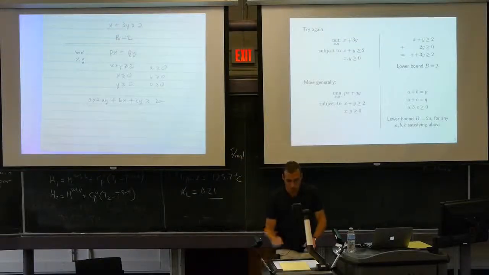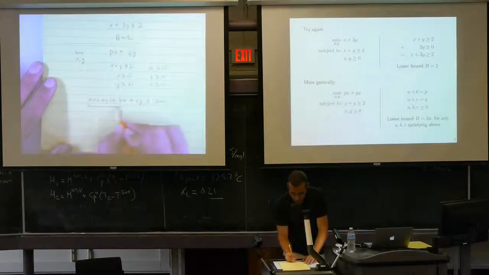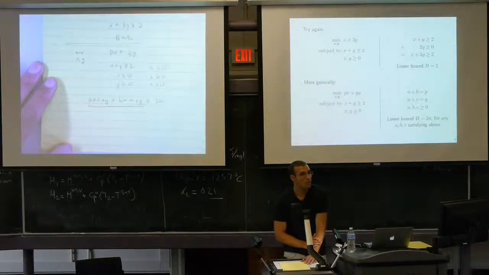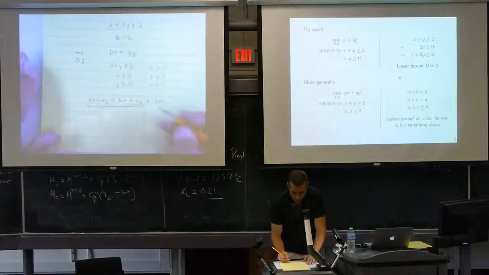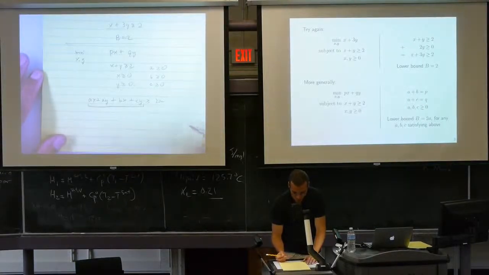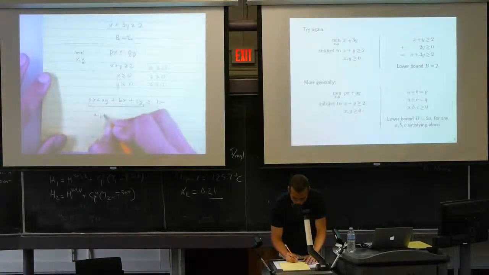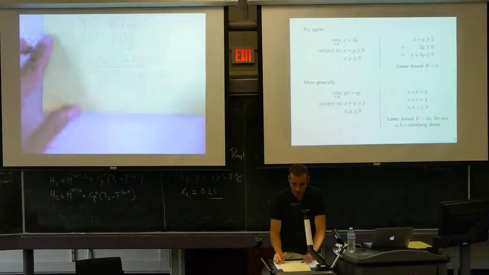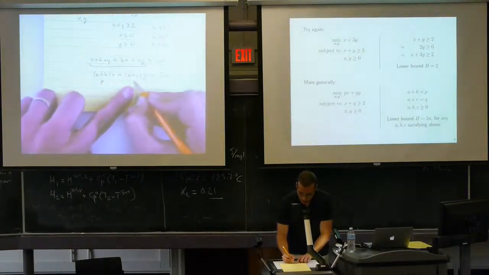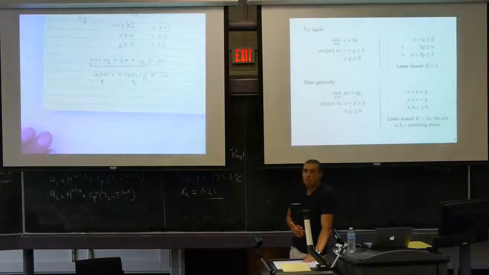Now what do we want to do? We just want to make this quantity equal to our objective function. So we want to choose a, b, and c so that this is the same as px plus qy. So let's just collect the terms multiplying x first. We get a plus b times x plus a plus c times y is bigger than or equal to 2a. And as long as I make a plus b equal to p and a plus c equal to q, then I've lower bounded my objective function.